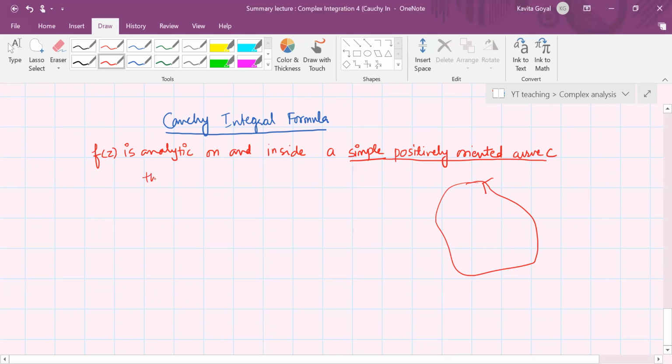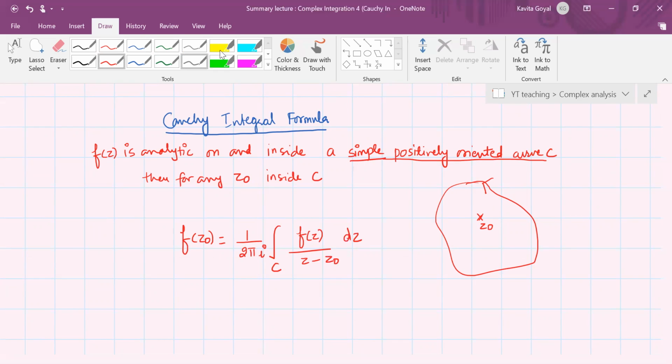Then for any z naught inside C, the value of the function at z naught equals 1 by 2 pi iota times the integral along C of f(z) upon z minus z naught dz. So this is your Cauchy integral formula.